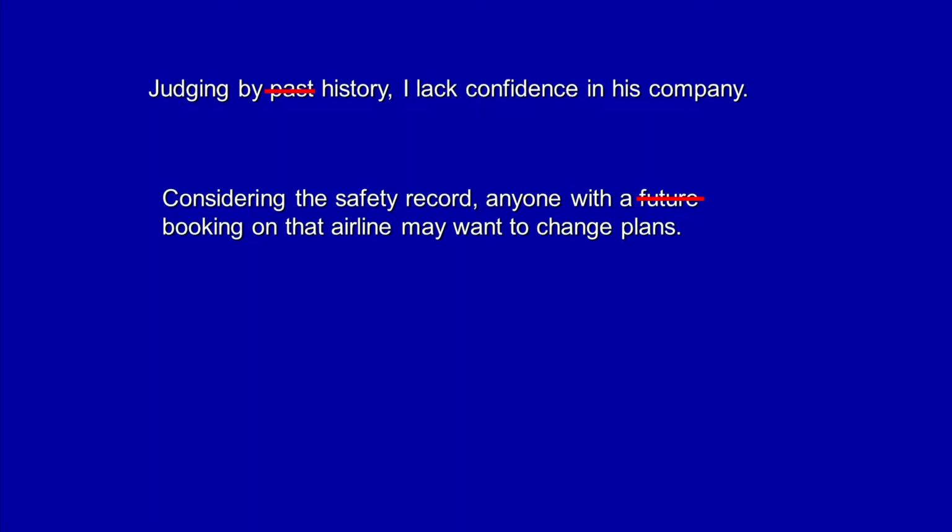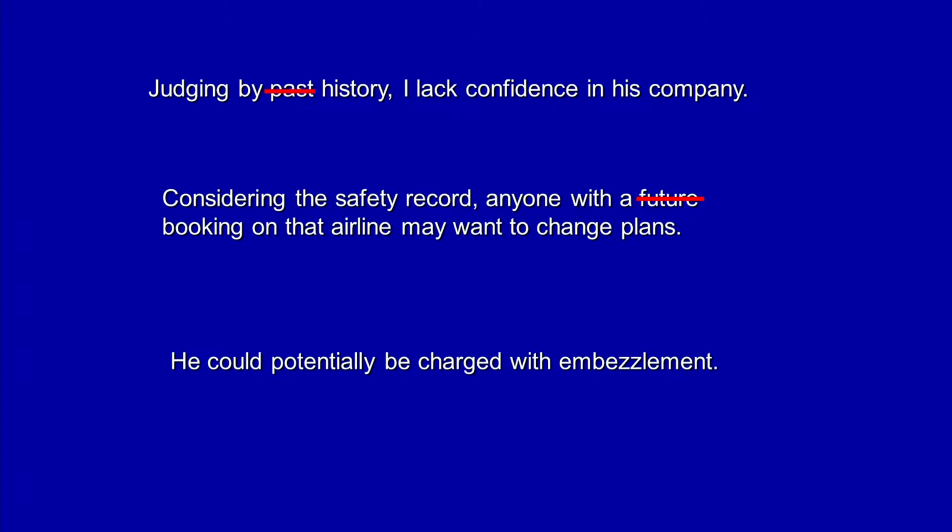No one changes plans for a flight already taken, so the word future is redundant. He could potentially be charged with embezzlement. Could implies potential, so this word is redundant. My best guess is that in this situation, potentially is used primarily for its sound.